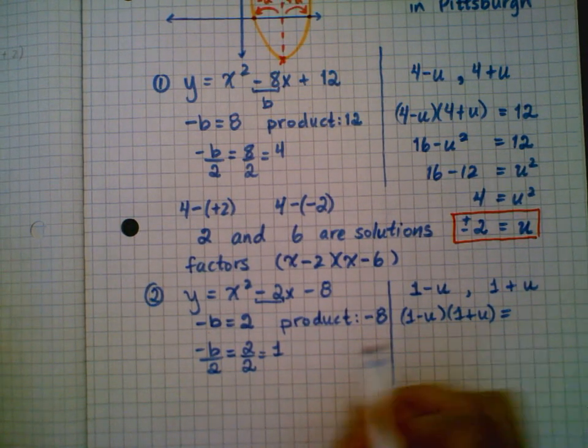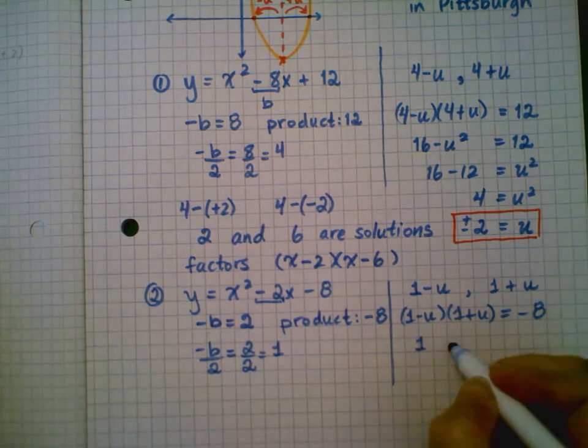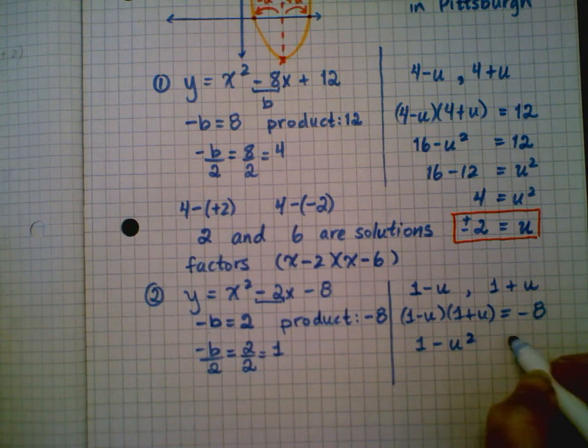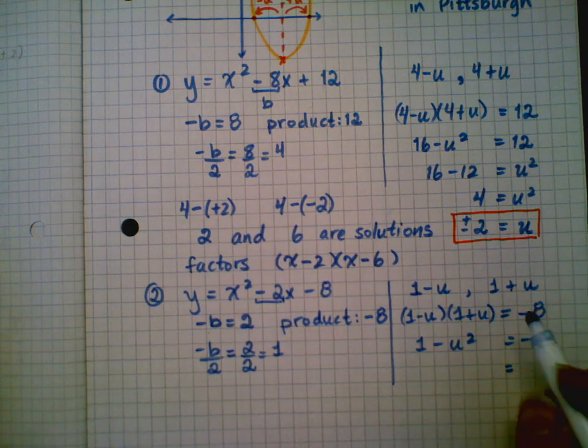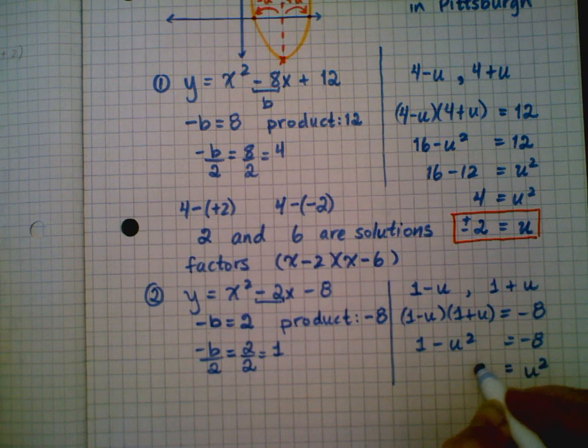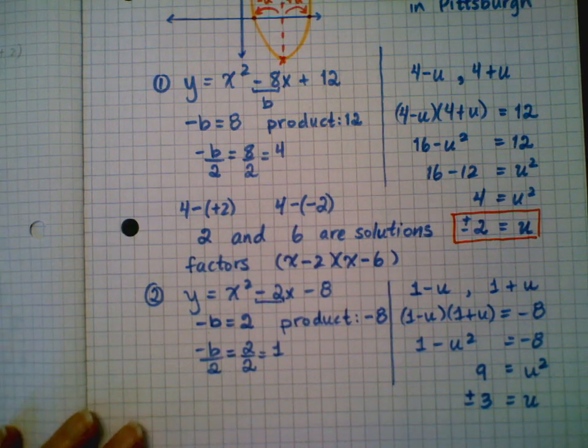multiplied together, their product is negative 8. So we've got 1 minus u squared is negative 8. Isolate u squared. That's 9, which means that u is plus or minus 3 in this case.